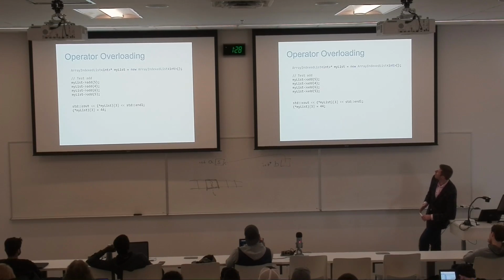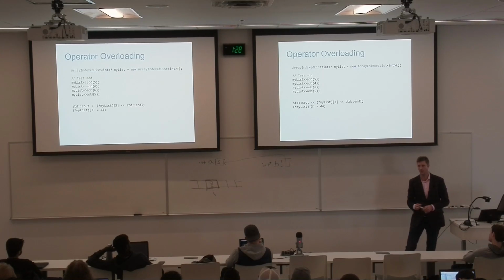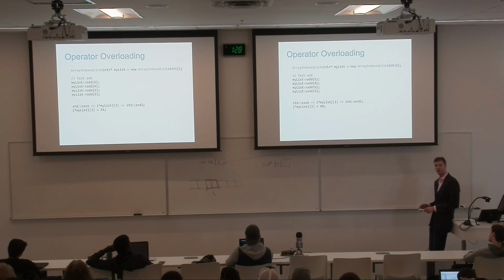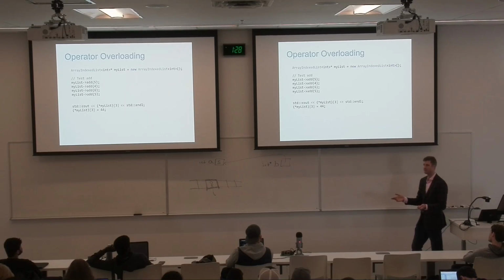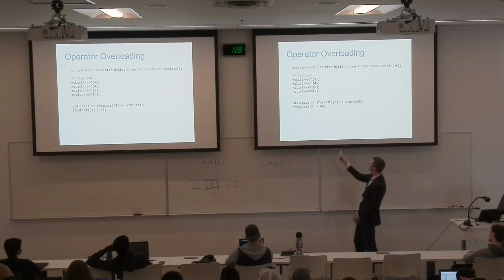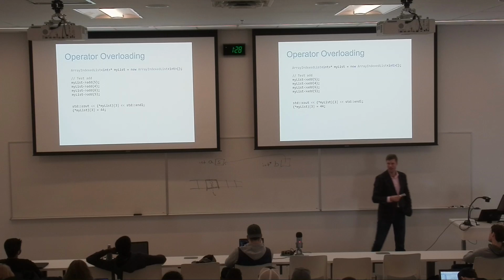If I hit run, what should the first line printed out be? 5. Why? Well, because it's the thing at index 3. But then, what is that last line of code doing?